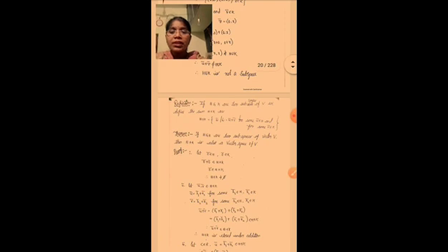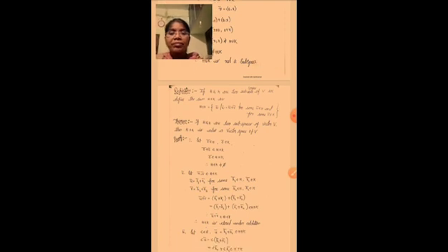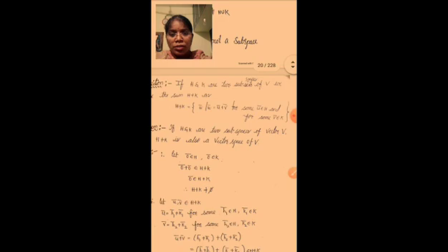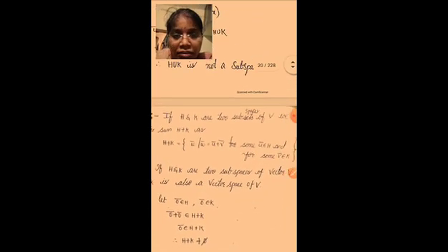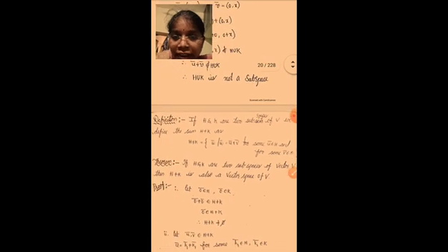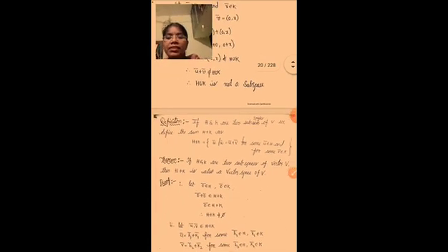a subspace. But see here, next definition: if H, K are two subspaces of V, once again we define the sum H plus K as H plus K is equal to w bar such that w bar is equal to u bar plus v bar for some u bar belongs to H and for some v bar belongs to K. So this is the sum of two subspaces.